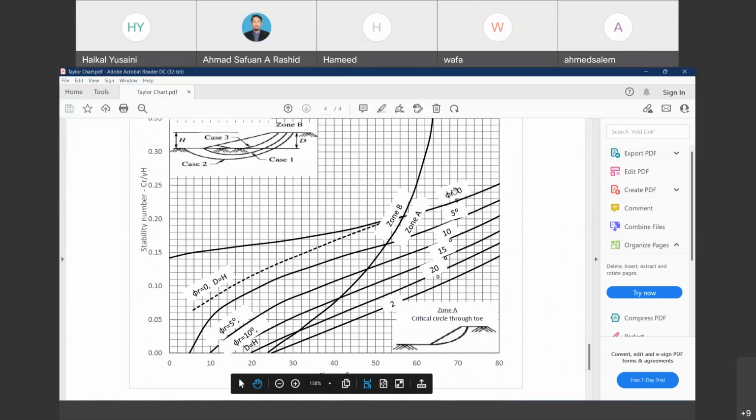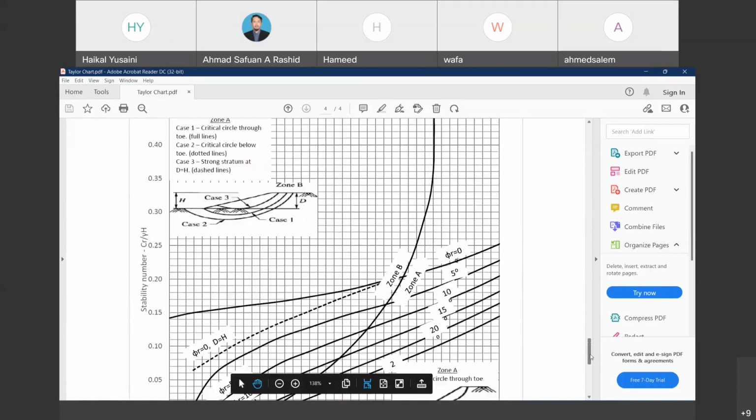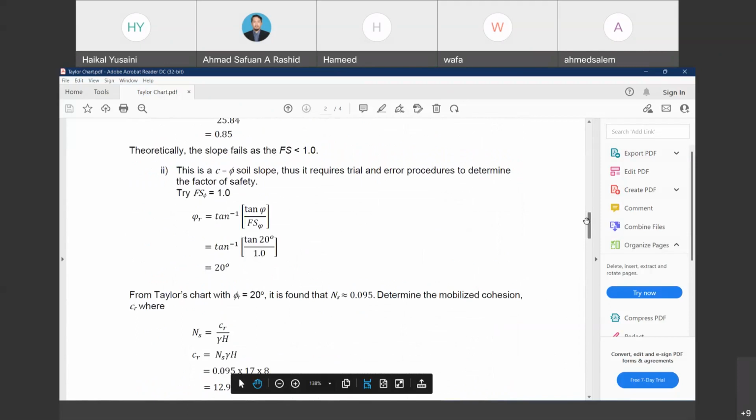For our case, phi r is equal to 0. From there, we can obtain, so this is 60 here, approximately the value of 0.2 something.